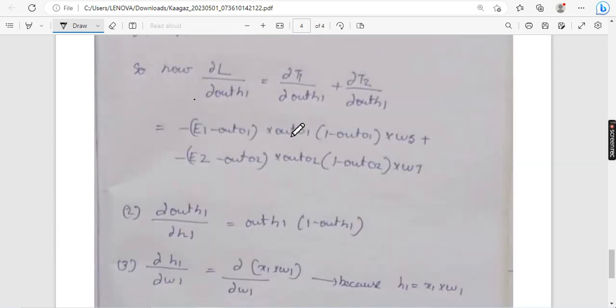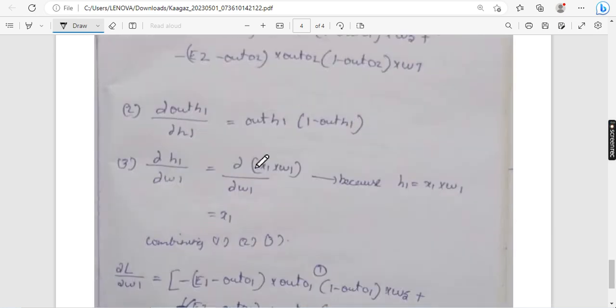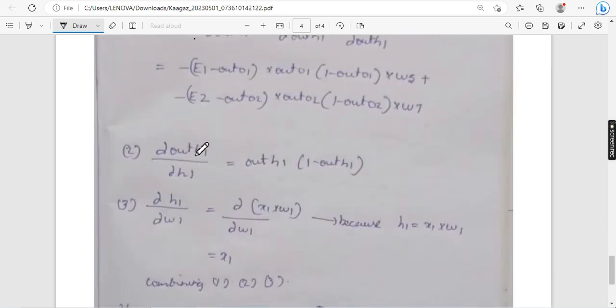So what is output of H1? Output of H1 is nothing but a sigmoid, right? Sigmoid of H1. So the derivative of sigmoid of H1 with respect to that H1 we can write like this, right? I've just explained that sigmoid differentiation clearly, right? It's as simple as that.